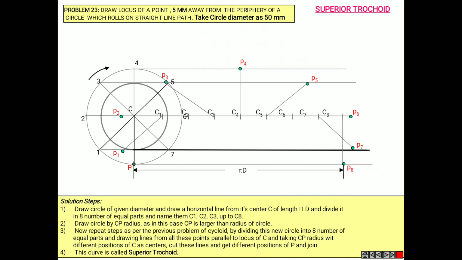And join all the points smoothly, not through compass, with your hand, in order to obtain your required trochoid. So this is your required curve. So observe it. Just take a minute, observe it and make it in your observations.